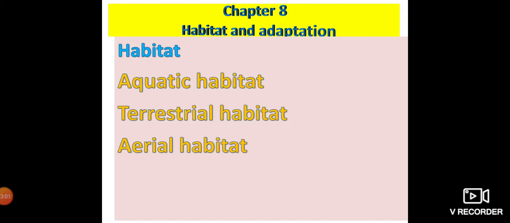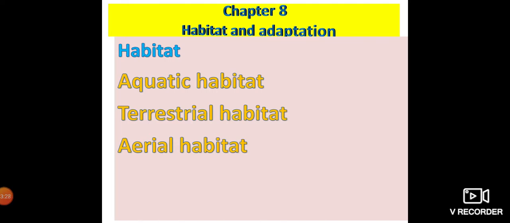There is scarcity of rain. Very little rain is there in desert areas, so water is very less in desert habitat. These are the features of a desert habitat.